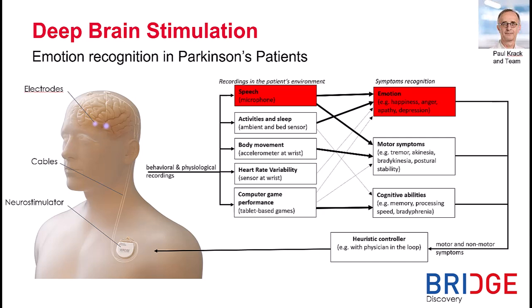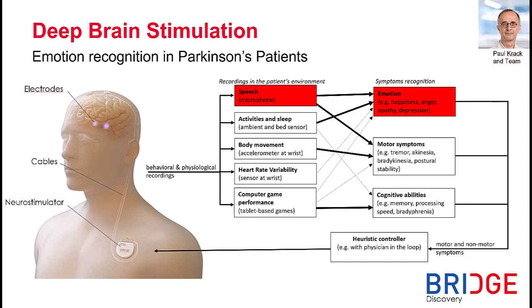And we use speech measured by a microphone where we try to extract emotion. Also motor symptoms. You can imagine speech is highly sensitive to motor disturbances, but also activities and sleep, body movements, and computer game performance in order to estimate current cognitive abilities.